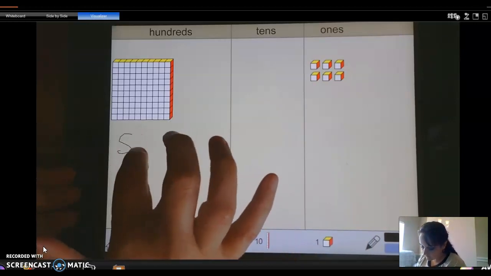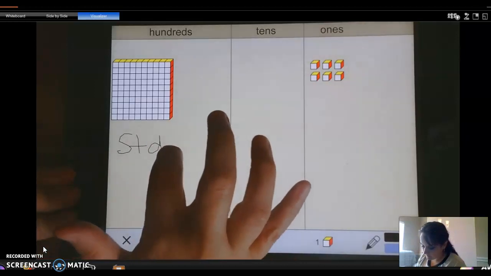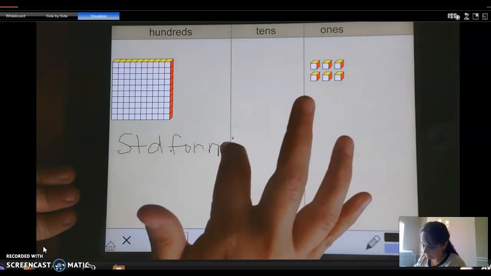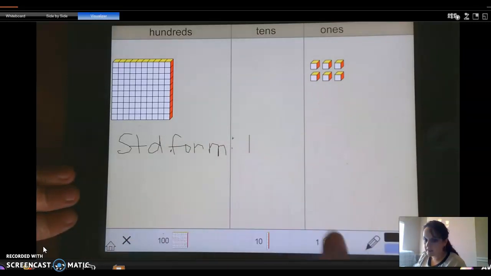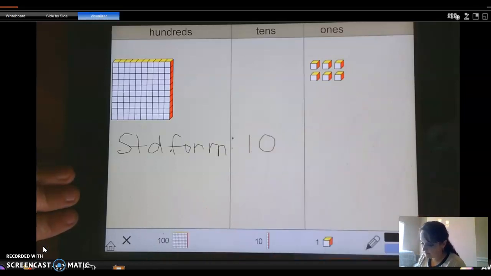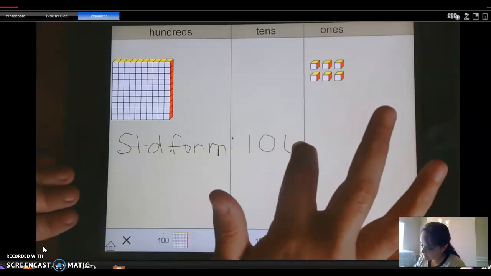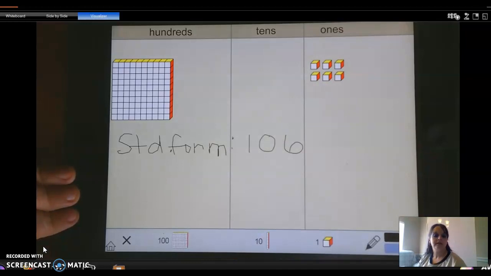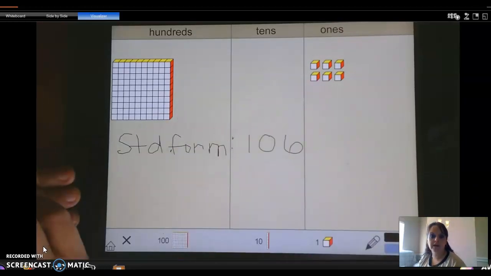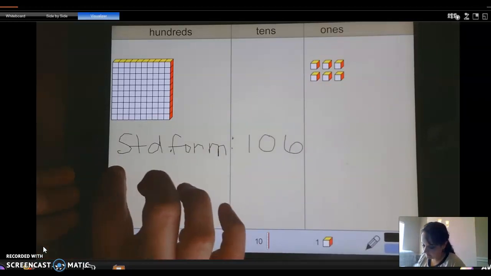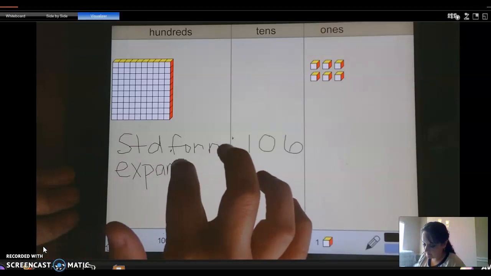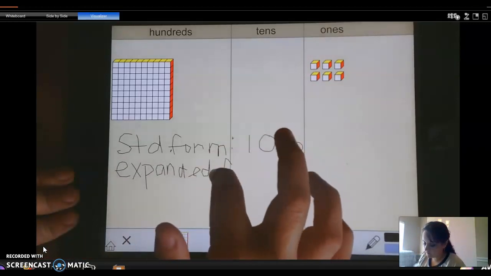So in standard form, I have a 1 in the hundreds place, nothing in my tens place, and a 6 in my ones place. So my standard form of this model is 106.